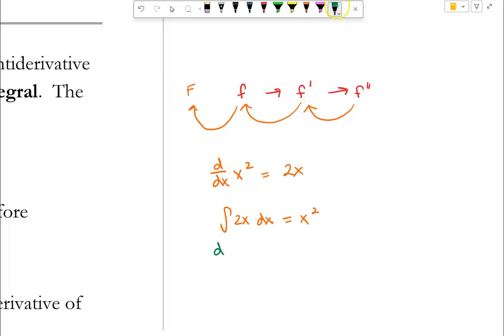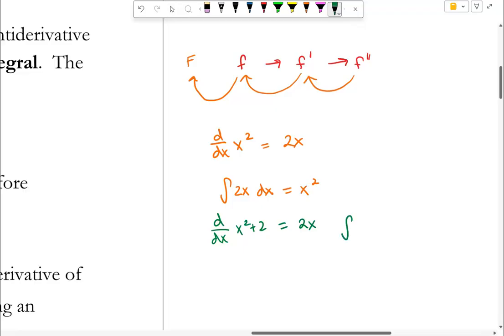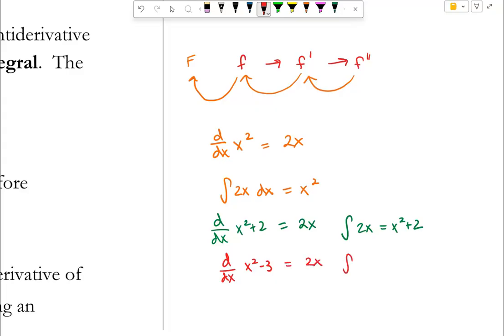However, what if I consider taking the derivative of x squared plus 2? Well, the derivative of x squared plus 2 is 2x. So wait a minute, now it seems like the antiderivative of 2x should be x squared plus 2. If I consider one more case, if I take the derivative of x squared minus 3, I still get 2x. So it seems like the antiderivative of 2x should be x squared minus 3.